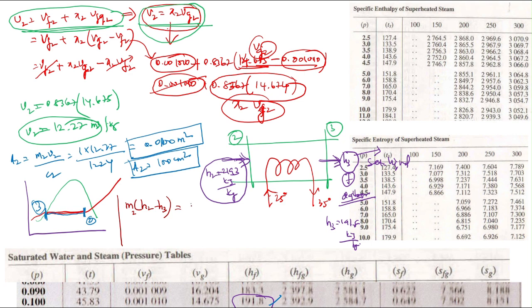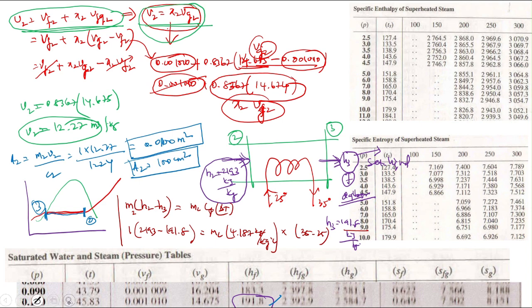This is equal to the mass of cooling water entering the cooling coil, so m Cp into delta T. Here mass is 1, H2 already you know is 2193 minus H3 which is 191.8, equal to mass of cooling water. Specific heat of cooling water you already know is 4.187 kilojoule per kilogram degree Celsius, into delta T. Delta T is equal to 35 minus 25.